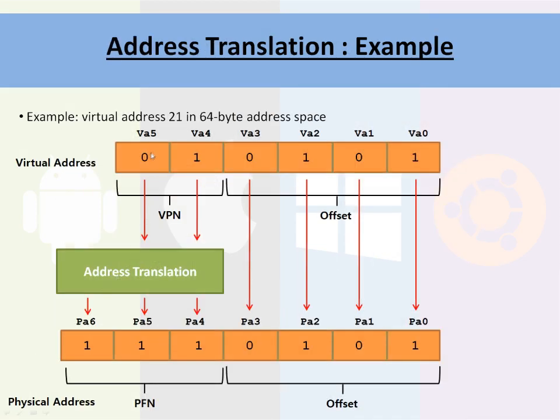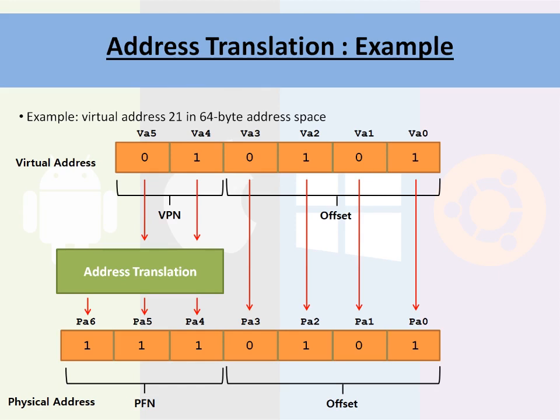So here we see that our virtual address of 01, the VPN, the virtual page number, through, in this case, a visualization approach, gave us a page frame number of 111. So that's pretty easy when you can see the actual mapping, right?